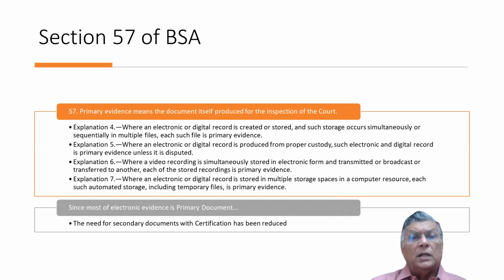Now, in the earlier Indian Evidence Act, because there was a strict compartmentalization of procedure for admissibility of oral evidence and procedure for admissibility of documentary evidence, before the Act went into the procedure for admissibility of electronic evidence in the form of Section 65B, there was no need for us to look at the sections in which primary and secondary documents were defined.